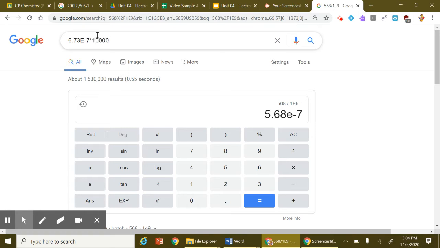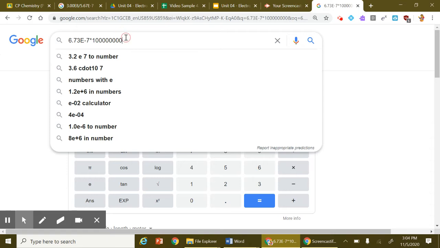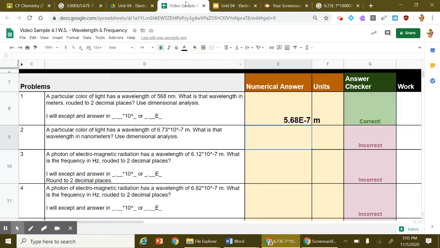I could just type in 1,000,000,000: 1, 2, 3, 1, 2, 3, 1, 2, 3, 9 zeros. Oh, I did 8 zeros. All right, 9 zeros. And I get 673, ta-da, nanometers.